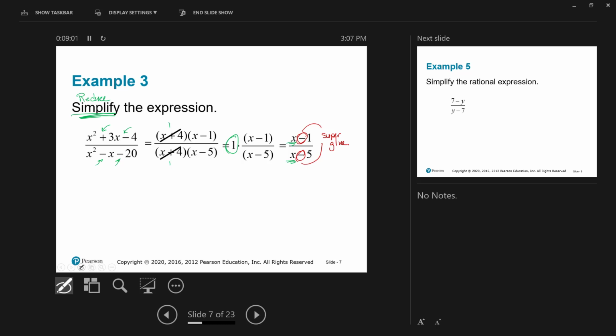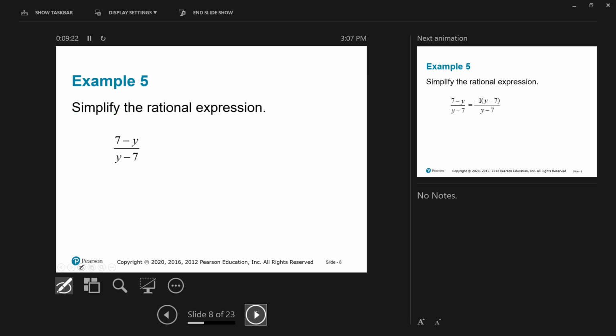I cancel x minus 1 with another x minus 1, or I cancel an x minus 5 with another x minus 5, which clearly we don't have. So these x's right here cannot be canceled, which means your final answer will remain as x minus 1 over x minus 5. Good? Okay, let's look at another one.